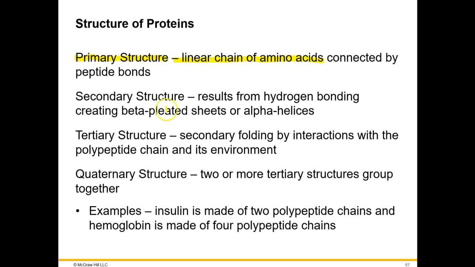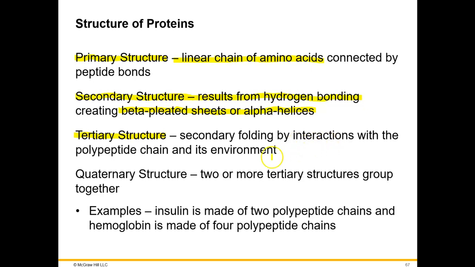Okay, so the secondary structure forms from hydrogen bonding within the chain of amino acids, and the hydrogen bonding creates either beta pleated sheets or alpha helices.